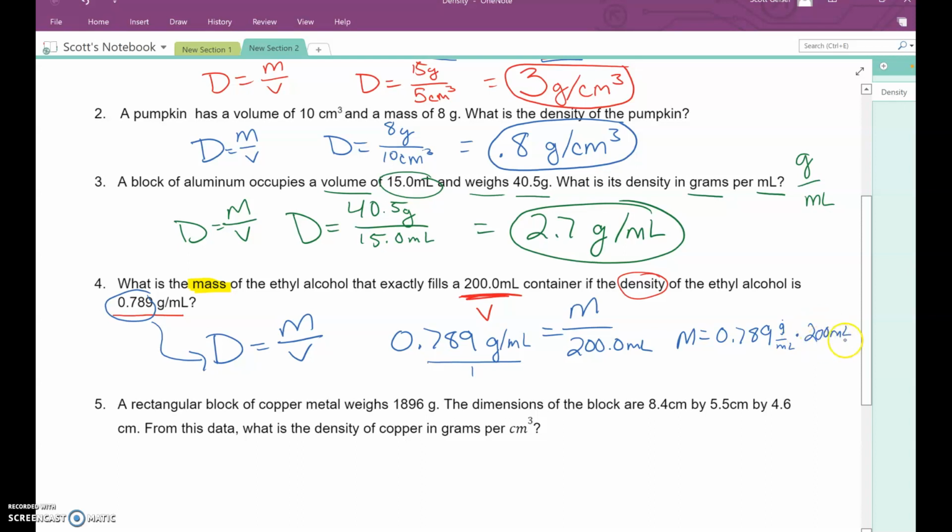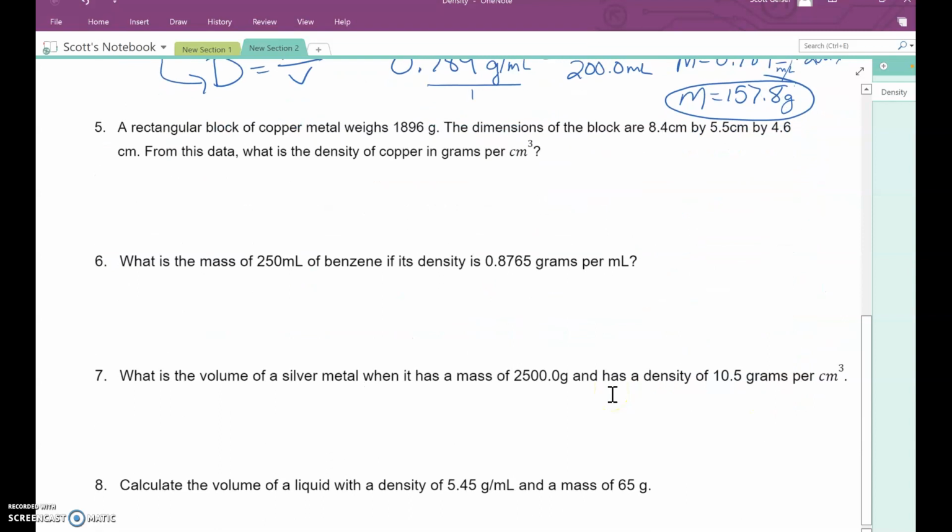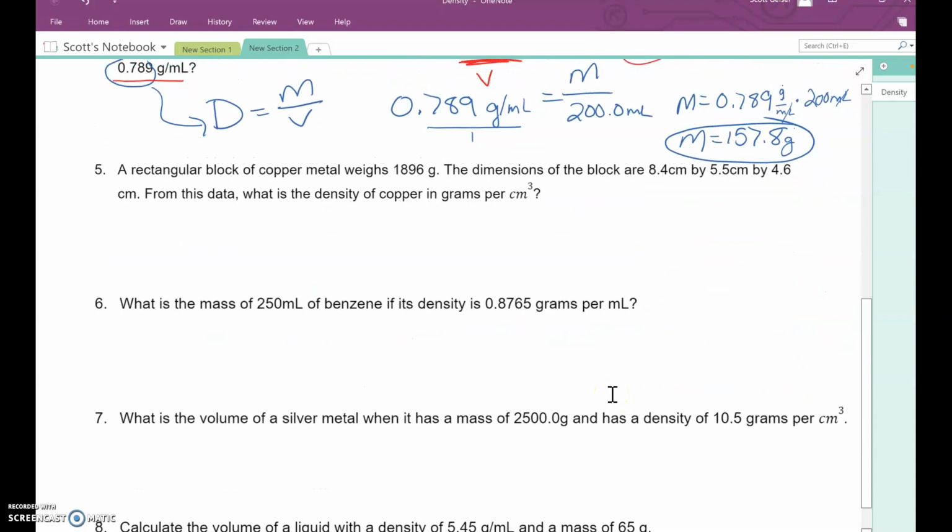If you notice, the reason why this happens is whenever we multiply these two, see how this is the denominator? The units will actually cancel out. So my answer should be in grams, because grams would be what's left over. If I multiply those out, I should get 157.8 grams. So set up the same way, same formula, only we may have different unknowns, and we might have to cross multiply a little bit.